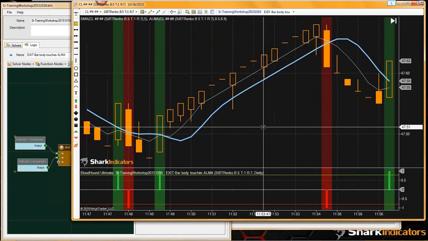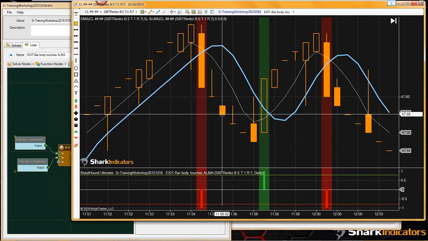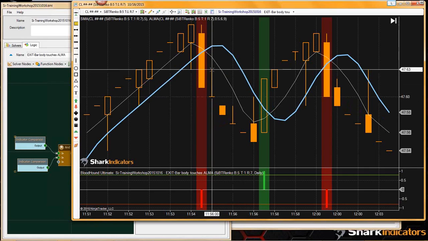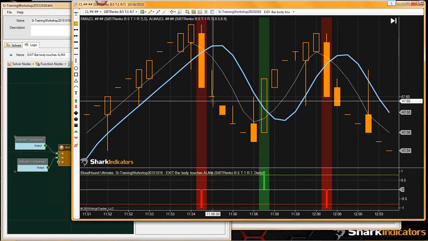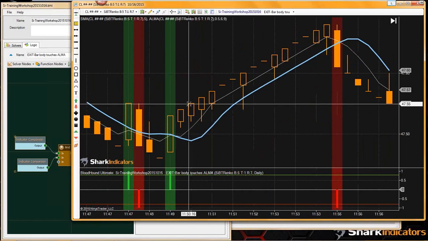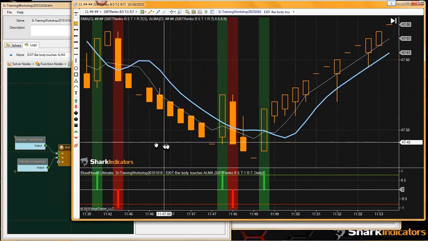Let me back up here. Sometimes you get weird price gaps. Sometimes you do get some wicks on these bodiless bars, and if you get a price gap, you could get some different types of bars.